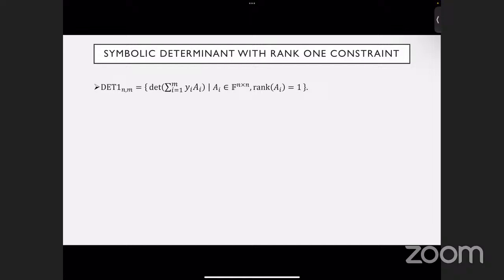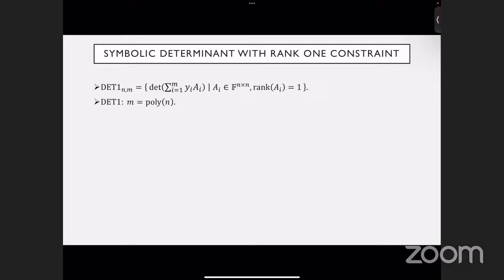The class is related to symbolic determinants with a rank 1 constraint. We define this class of polynomials parameterized by two variables n and m. It consists of all the polynomials which can be represented as the determinant of symbolic matrices such that the matrix coefficients have rank 1.